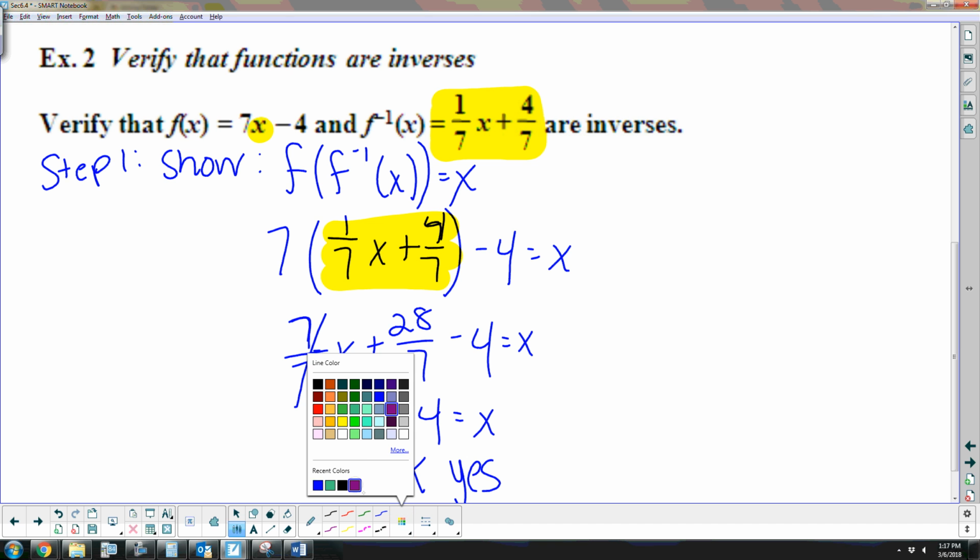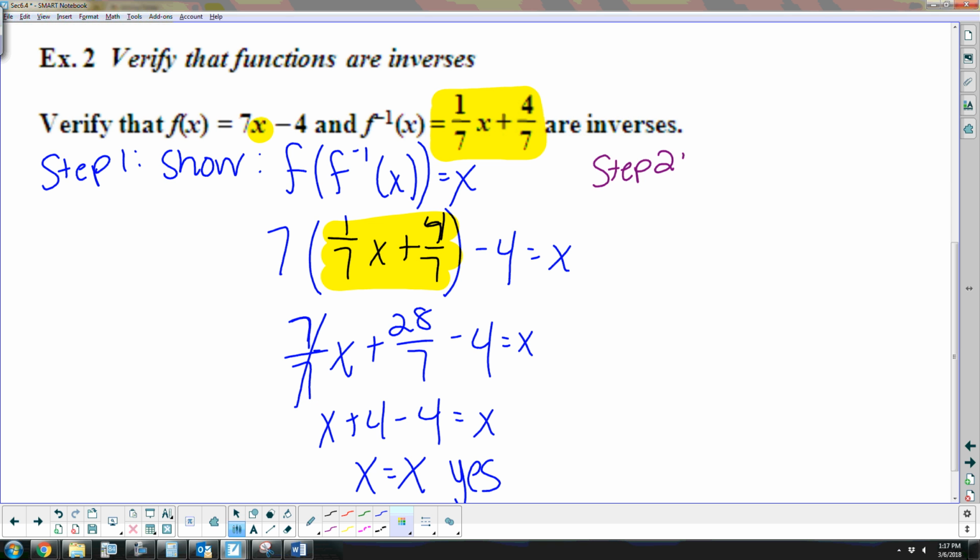Then our second step is to show that the inverse of f, or g of f of x, equals x. So we're going to do it both ways. We're going to do both compositions.